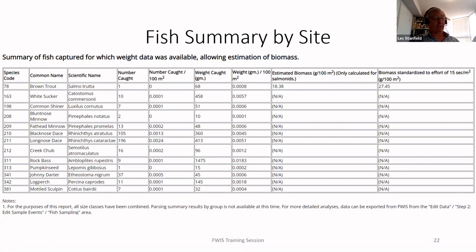This will give you a list of those species as well. So it gives you a full list of the biomass, estimated biomass, if we have a correction curve for it. That's over here on the very far right, to correct it to a different effort. It's a very cool report.